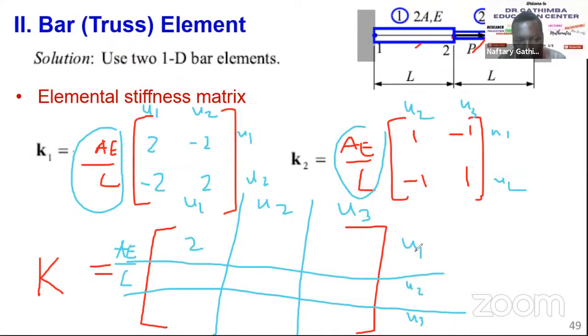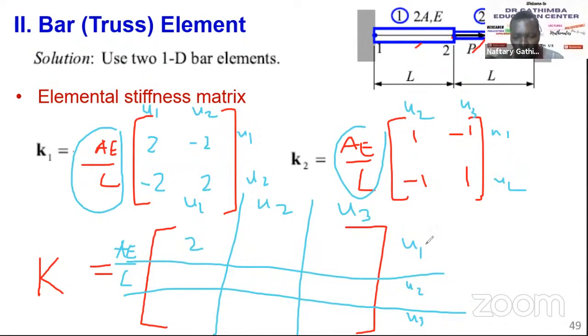If you come to this element of the matrix, let me not use the word element, so you don't confuse it with the finite element. Let me use the term cell.